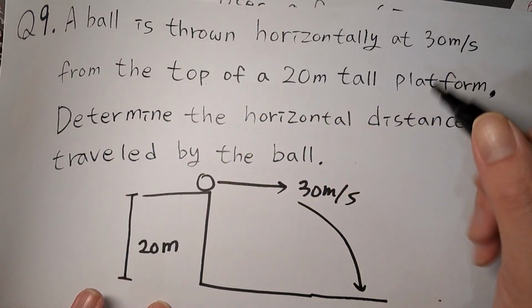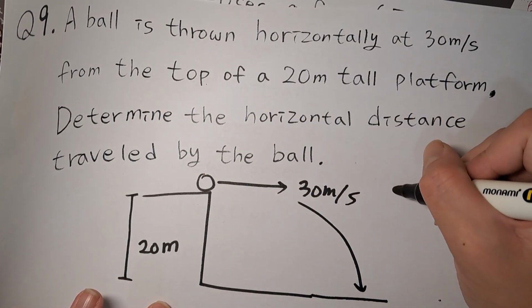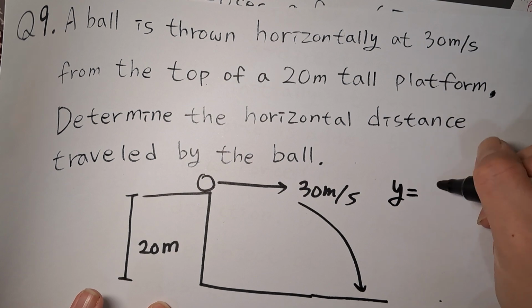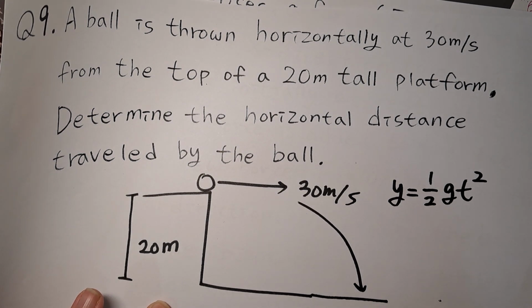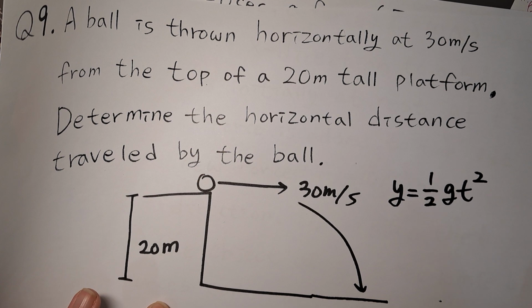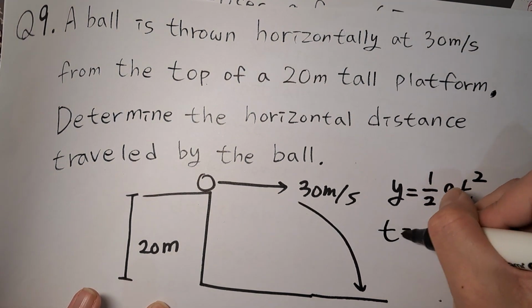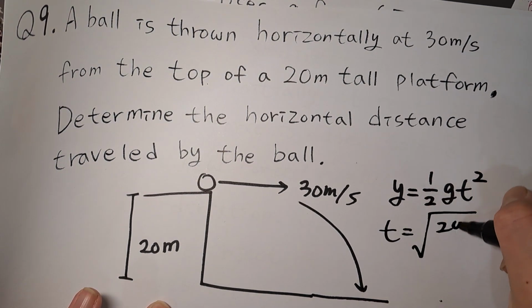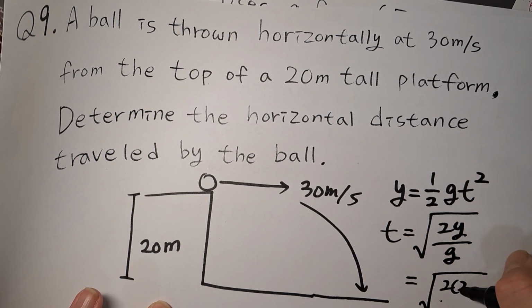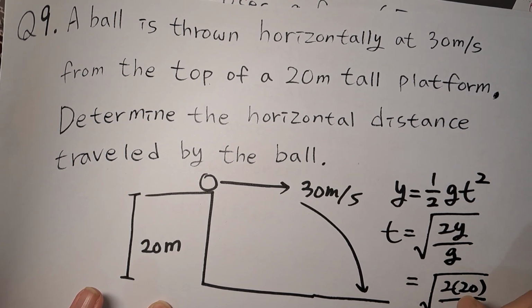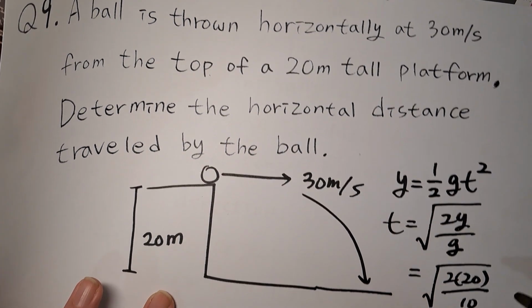Ball thrown horizontally means the height is going to be this. We are going to use this equation for finding height. So we can find the time is going to be this. So we can find 2 seconds.